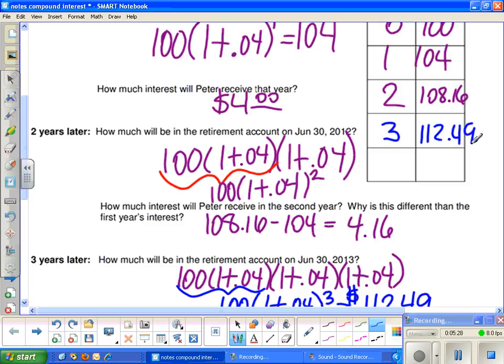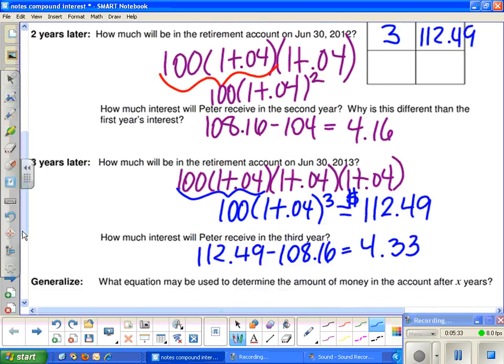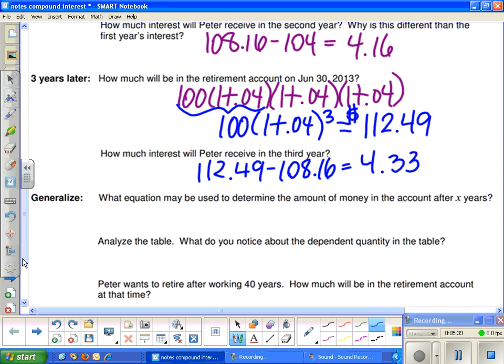And we can continue. I think it asks you down at the bottom, what can be used to find the amount after x number of years? This is what I simplified up here a little bit. We have whatever our principal amount is. Like I said, that's our initial amount. This is the formula that you need to write down. In our case, it was 100.